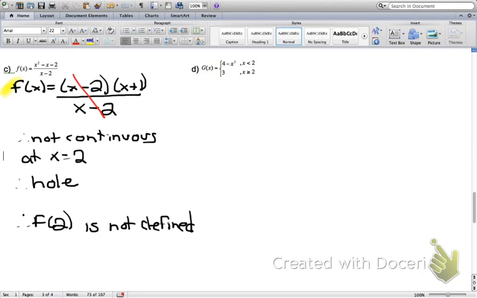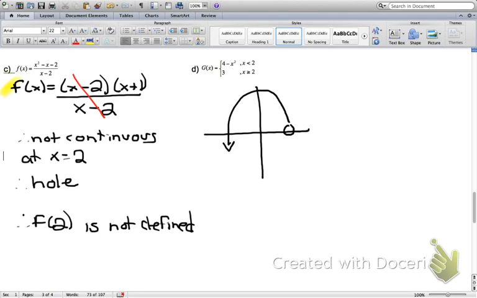So next we have a piecewise function. With a piecewise function, I always like to draw what my graph looks like. So we would have something similar to this, where we would have our parabola for 4 minus x squared when x is less than 2.